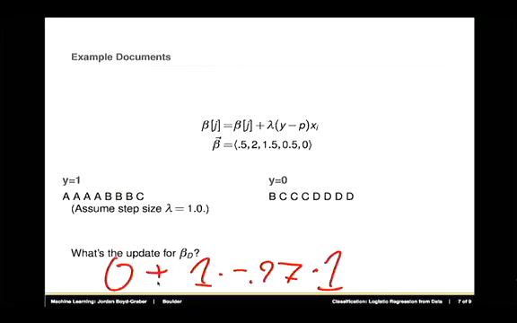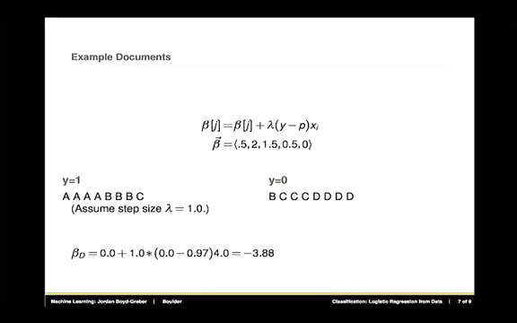So it's like we're subtracting 4 from 0, but not quite. And so we get negative 3.88. So now we have updated all of our vector, and now when we see D's, this very strongly points in the negative direction.